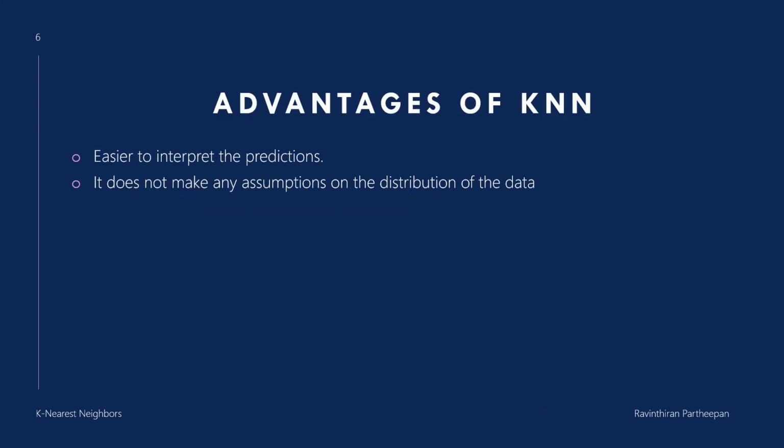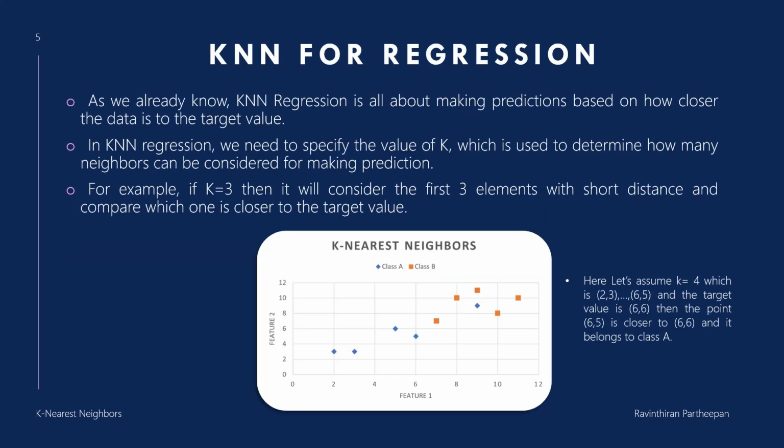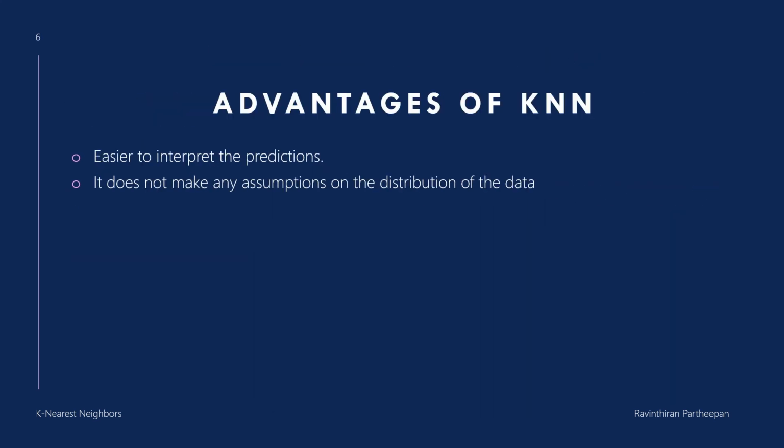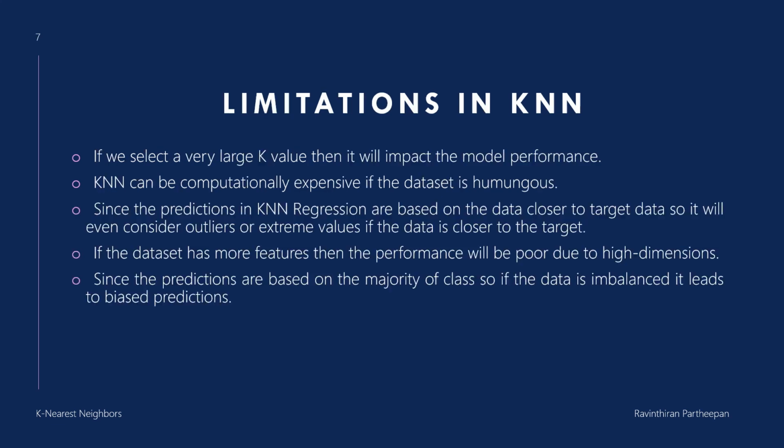And the advantages of KNN: it's very easy to interpret your prediction, you don't have to complicate anything for interpreting your predicted results, and it does not make any assumptions since it works on real data.